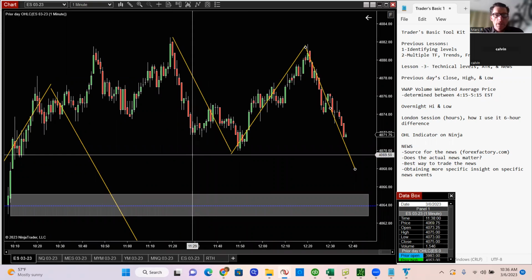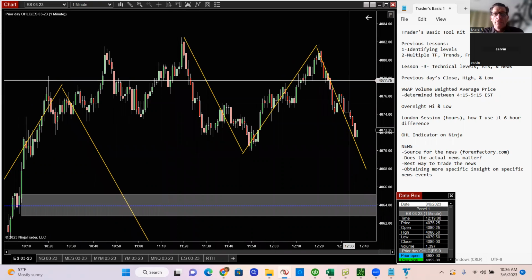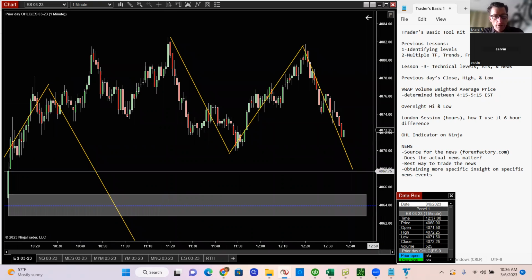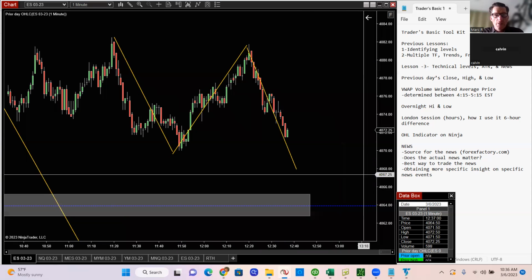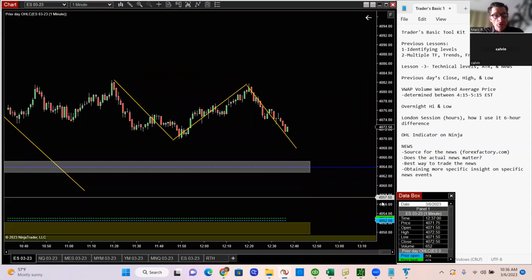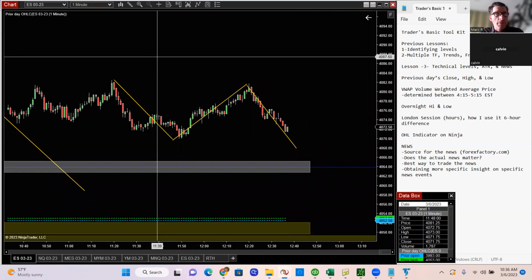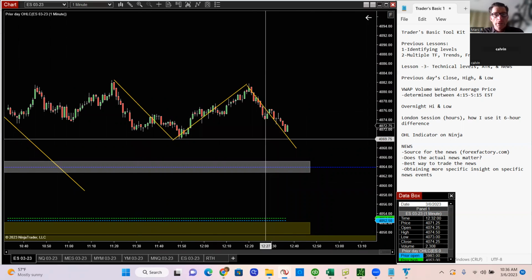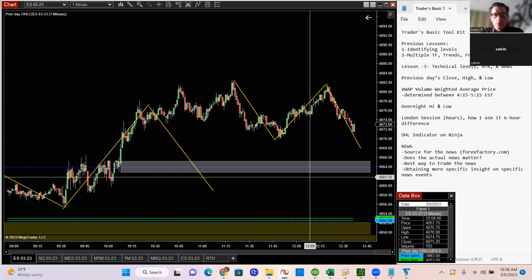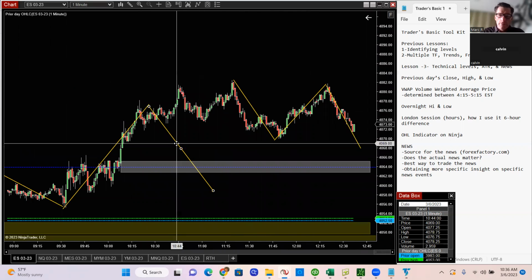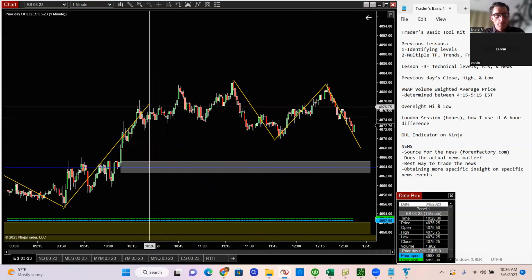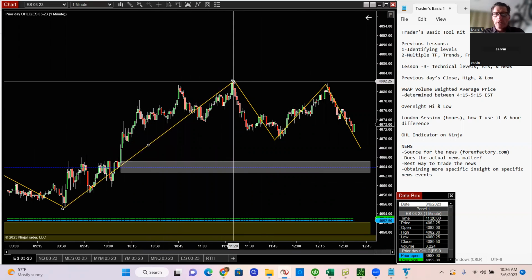And as long as you can find a way in to get short before price comes down and maybe hits one of these technical levels or one of these 5 minute demand levels, you're going to be good to go. Okay, so I'm going to leave that for the moment so I don't keep getting sidetracked on you.